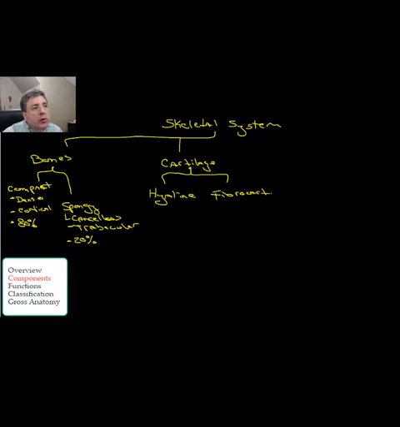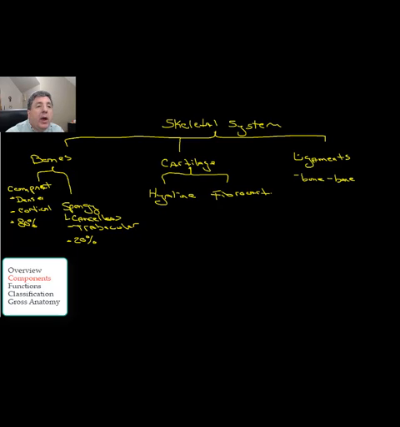A couple other structures that we're looking at, part of the skeletal system, we're going to be looking at ligaments. And ligaments connect bone to bone. Okay, so this is bone to bone. Those structures are what helps the bones or the joints to be stabilized.